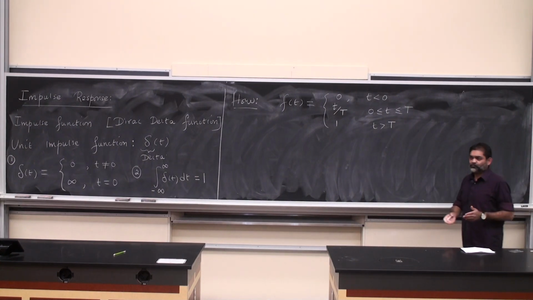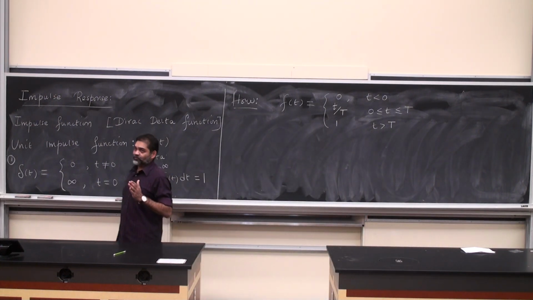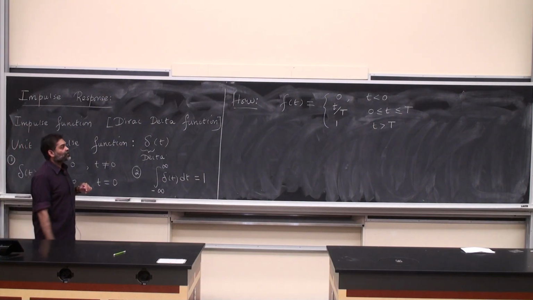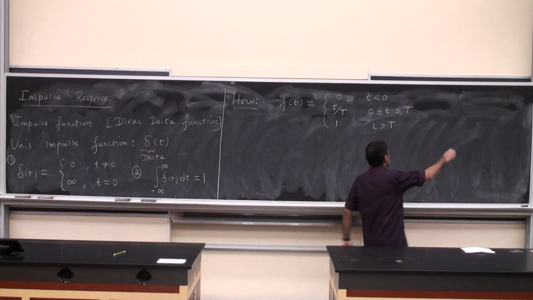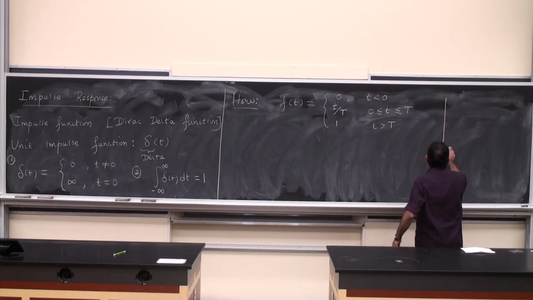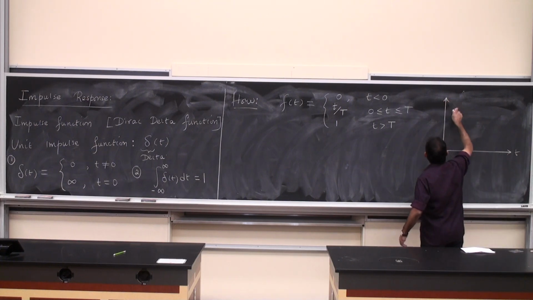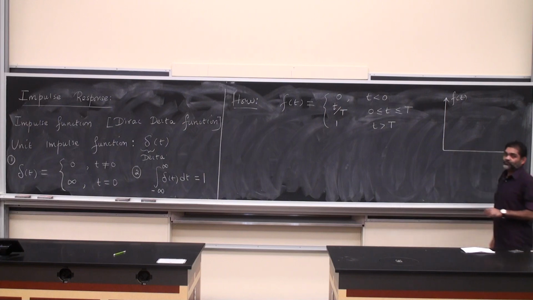So what is capital T? It could be 2 seconds. What is capital T? It could be 0.5 seconds. Little t is the variable. Okay. So let's start off with this function. Let me sketch this function. Little t on the horizontal axis, f of t on the vertical axis. It has a magnitude of 1.